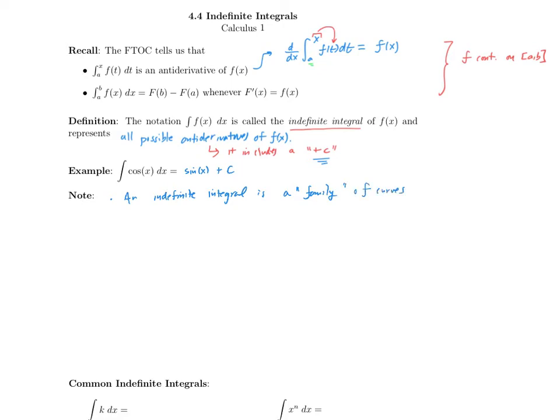There is one curve corresponding to each value of the constant c. Whereas a definite integral represents a net difference of enclosed areas and is hence a numeric value. So a definite integral is a number. And a number is very different from a family of curves.